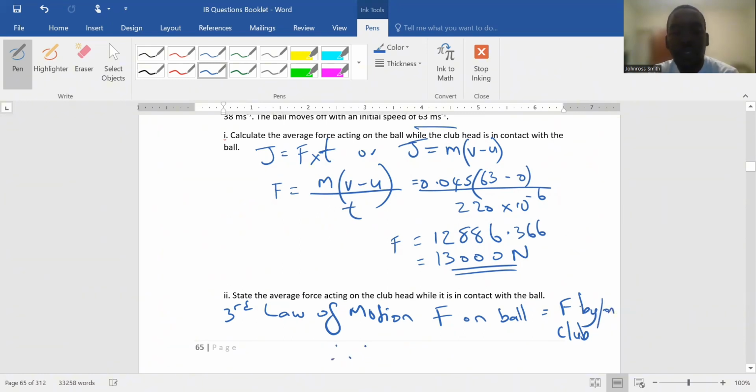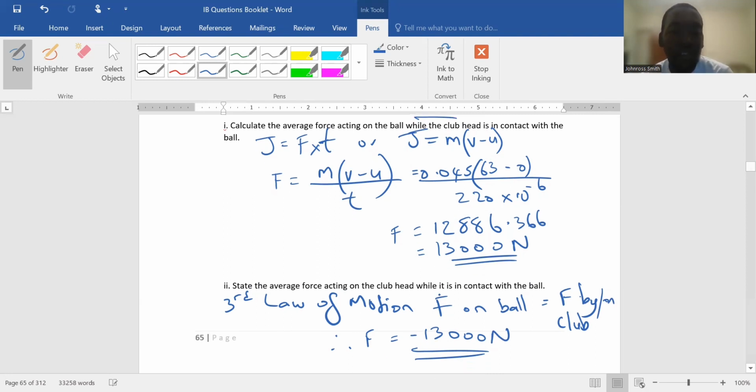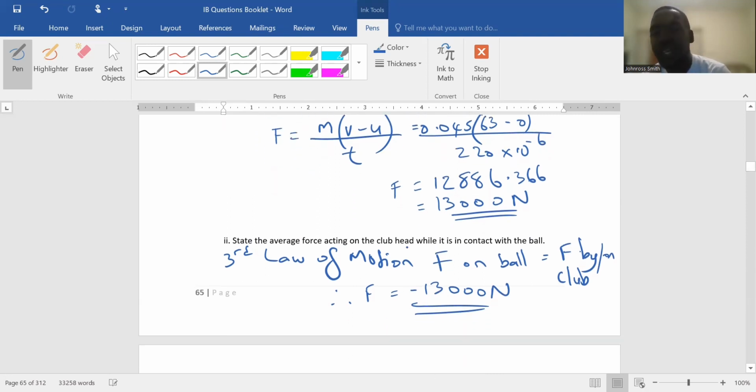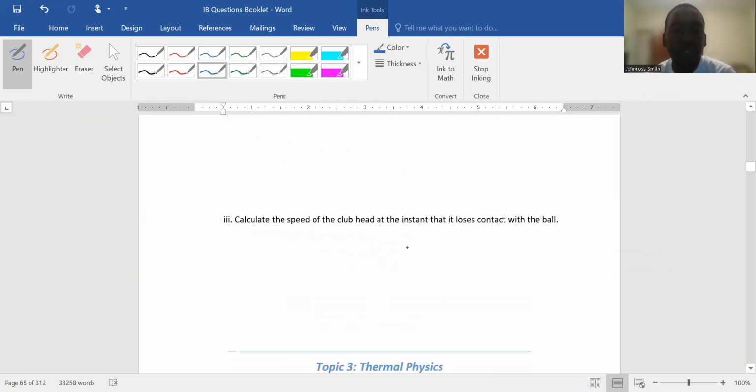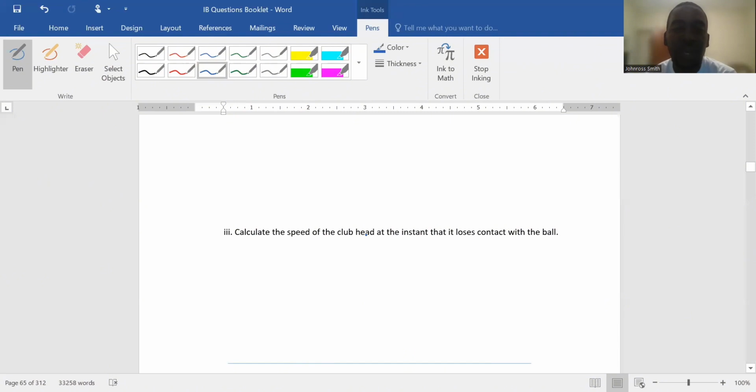So therefore, that force is equal to negative 13,000 newtons. And it's negative because it's going in the opposite direction, right? So that's all we need to do because it says state, so we don't have to calculate it again. Then the final thing is calculate the speed of the club head at the instant that it loses contact with the ball.